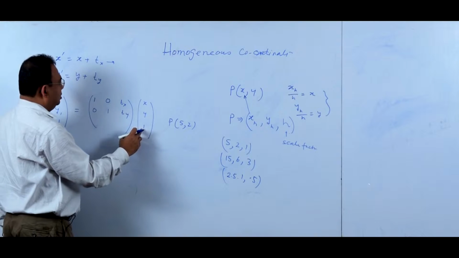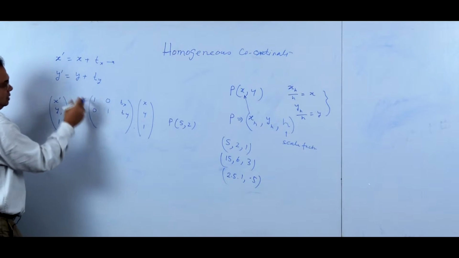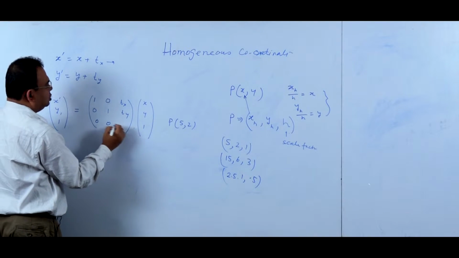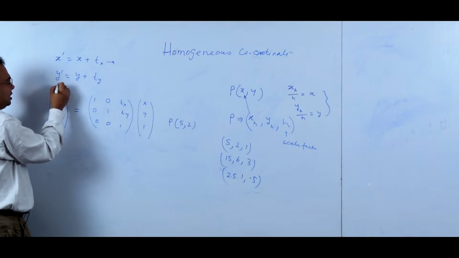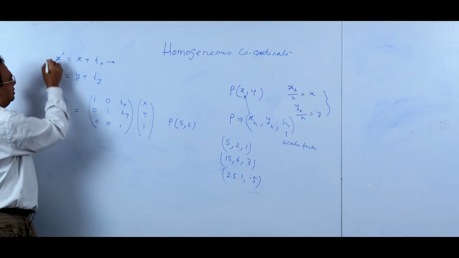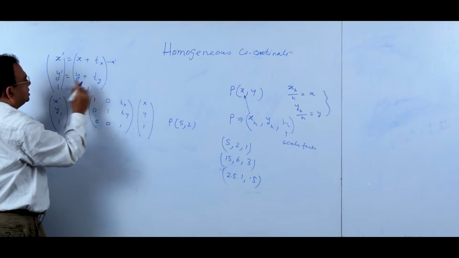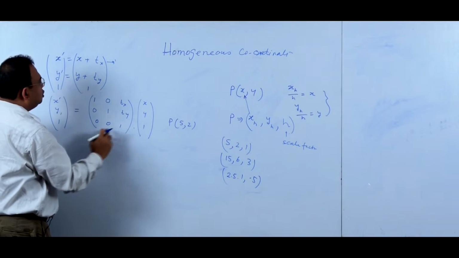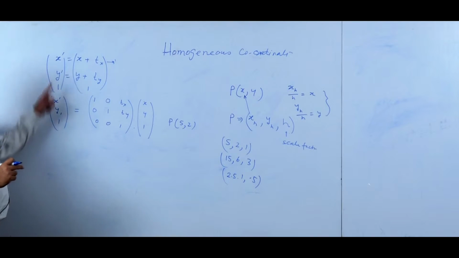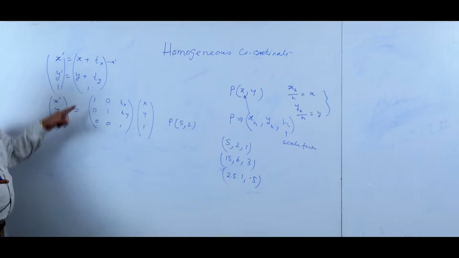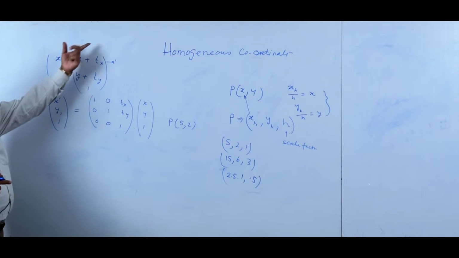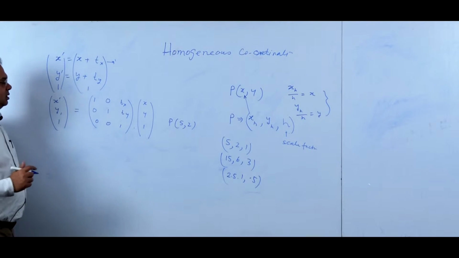And to get this third component, we are writing 1, because we are writing the equations in matrix form. If we multiply these two, we will get x dash is equal to this, y dash is equal to this. So we will get the same thing as non-homogeneous systems obtained earlier.